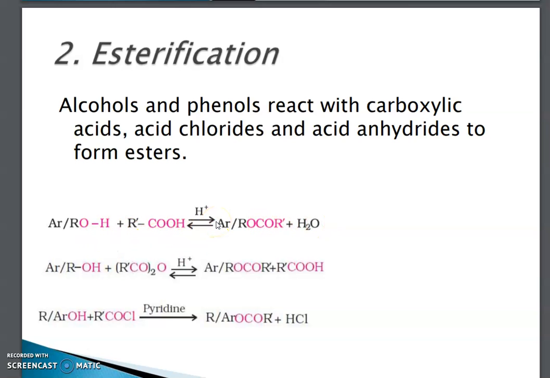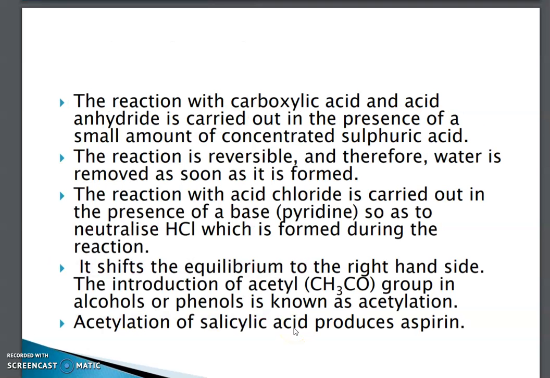This is the same case with phenol. If it reacts with acid chlorides, the reaction is also similar. We get an ester, and the hydrogen from the alcohol and Cl from the acid chloride are eliminated to form HCl.